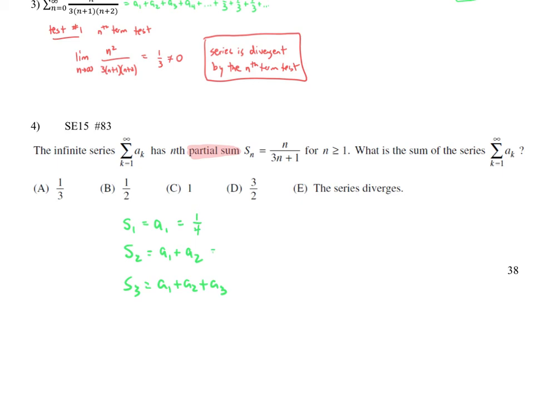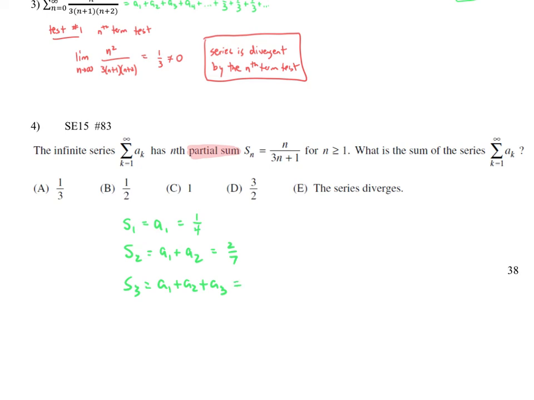For the second partial sum, n is 2, I get 2 divided by 3 times 2, which is 6, plus 1, which is 2/7. If we're looking for the third partial sum, n is 3, I get 3 divided by 3 times 3, which is 9, plus 1, so I get 3 over 10.